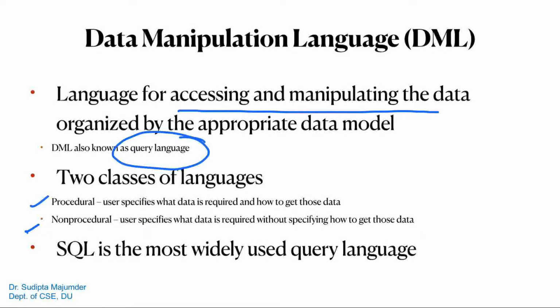In procedural, the user specifies what data is required and how to get those data. And in non-procedural, the user specifies what data is required without specifying how to get those data. And obviously, SQL is the most widely used query language here. An example of procedural DML is PL/SQL, and the example of non-procedural is only SQL.